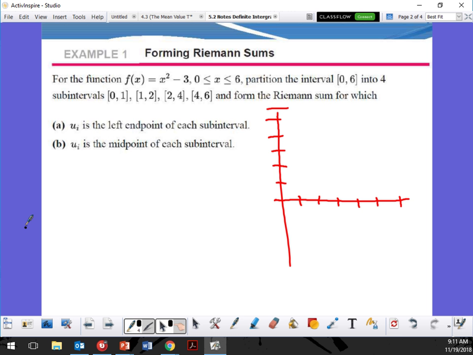So I know at 0, let me see, plug in 0, I have -3, right? Yes? Yes. At 0, I get -3. At 1, I have -2, or +2?